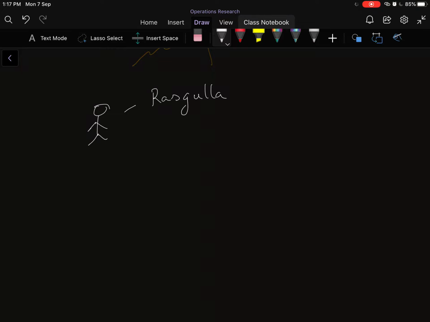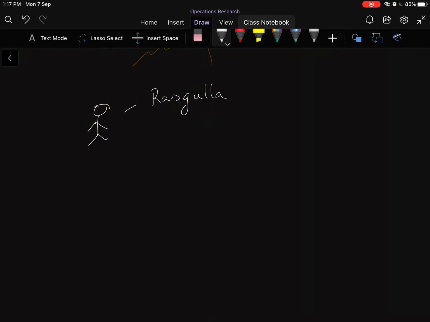In fact, there has been some legal case being fought in court based on rasgulla, if I'm not wrong.